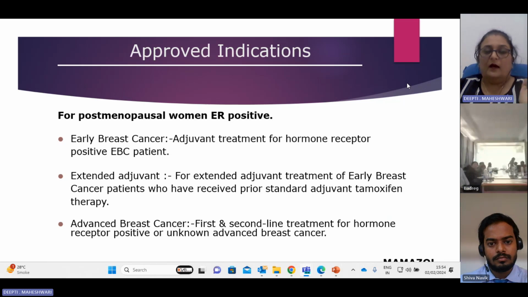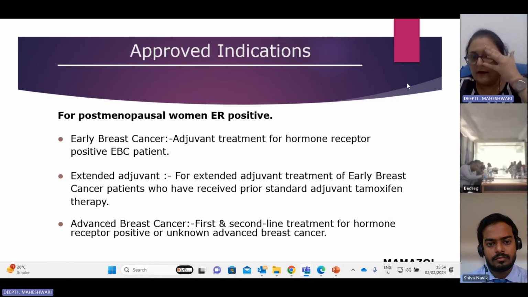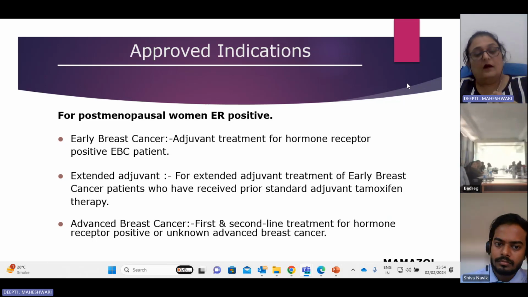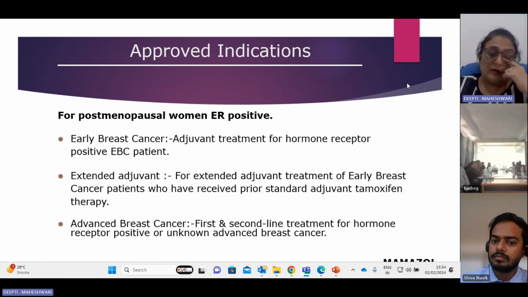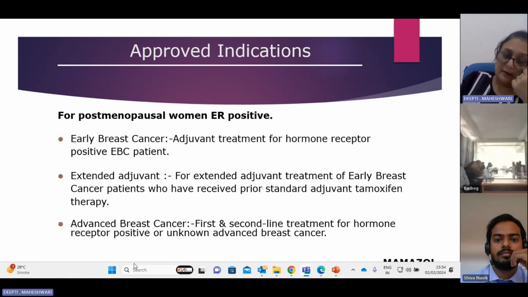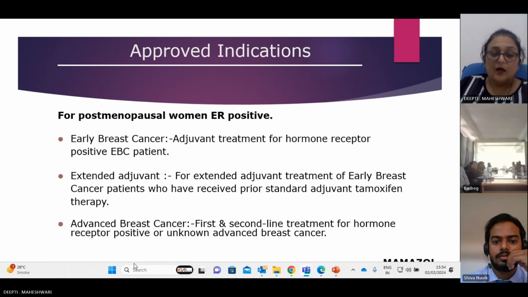And there our letrozole is approved for extended adjuvant treatment of early breast cancer patients who have received prior standard adjuvant tamoxifen therapy. They can be given letrozole. It is also approved in advanced breast cancer patients, as first and second line treatment for hormone receptor positive or unknown advanced breast cancer patients.